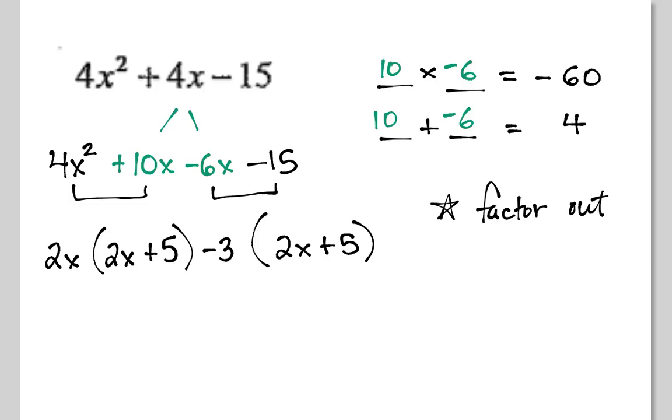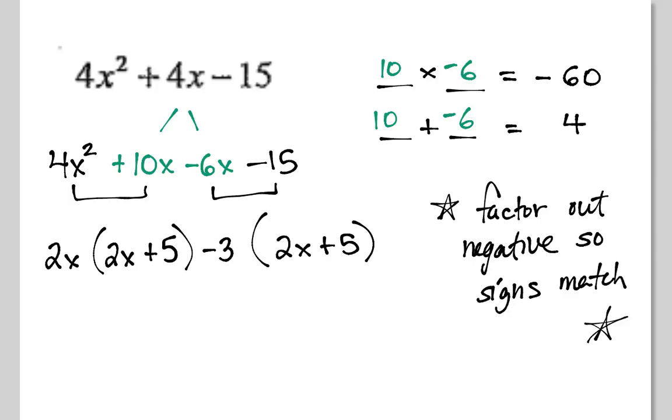Factor out negative, so signs match. Now that they have the common GCF, you can factor it out, and you're left with 2x minus 3.